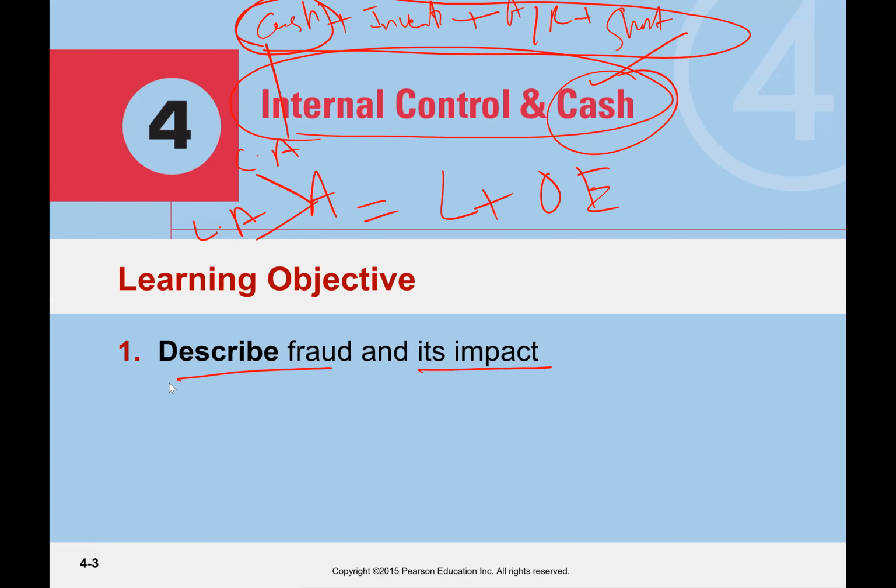Cash is a very sensitive asset, and I can say that it is the most important item, the most important control, in a business. Since cash is involved, there is fraud as well. So what do we call fraud in accounting language?